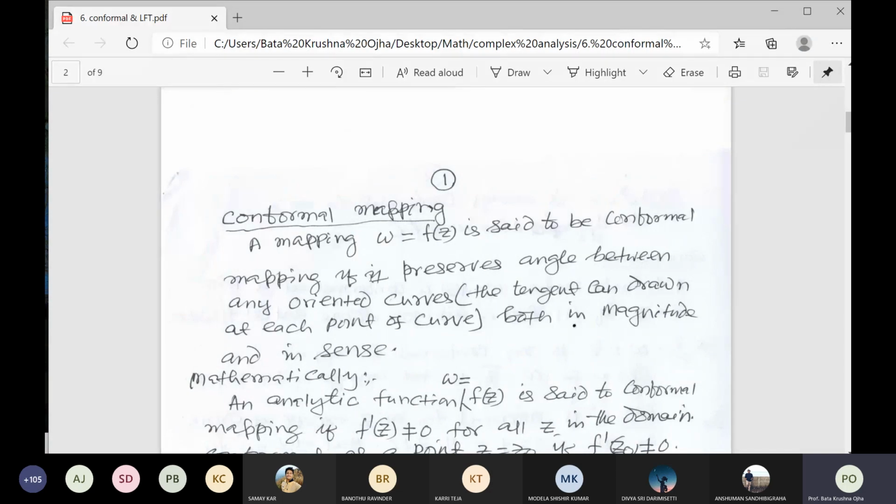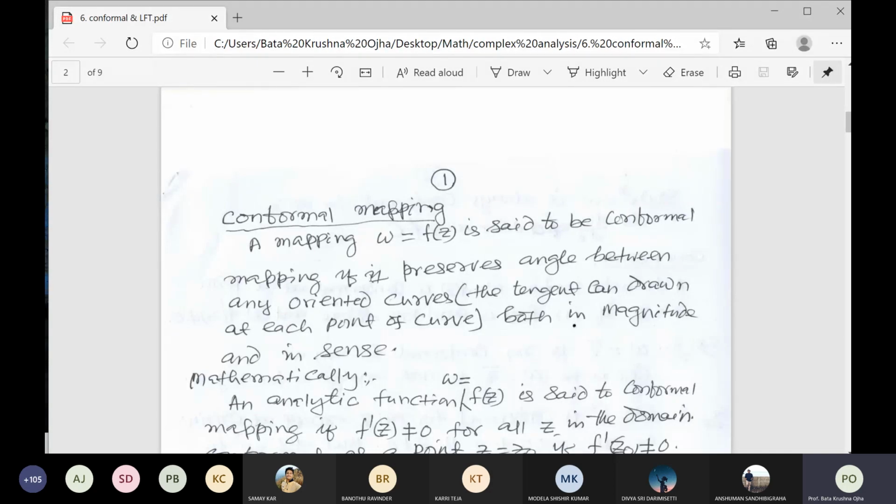So the angle between two curves C1 and C2 in the z plane means that if you draw the tangents through z0, we get two straight lines, tangents to the two different curves C1 and C2. Suppose the angle between them is theta.